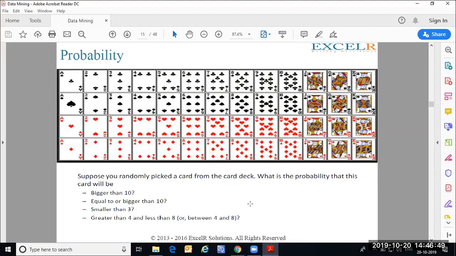Right? Okay. Now, what is the probability that if I pick a card from the deck of 52, the picked card would be greater than 10? Greater than 10. Consider A as 1.